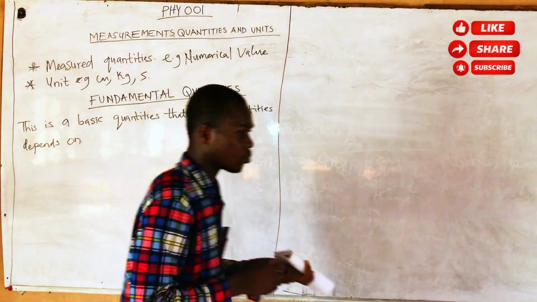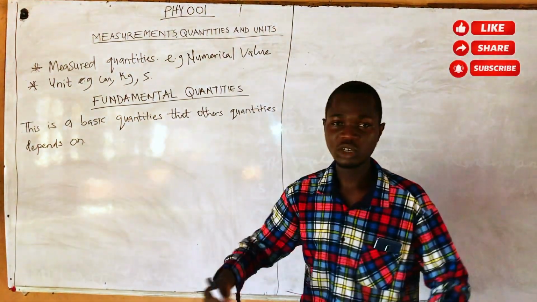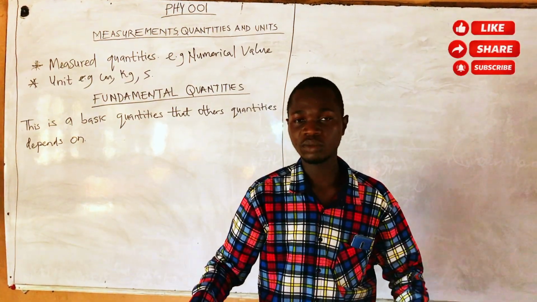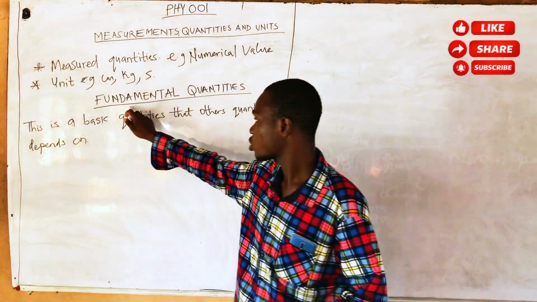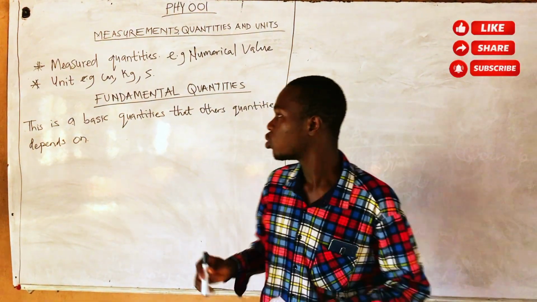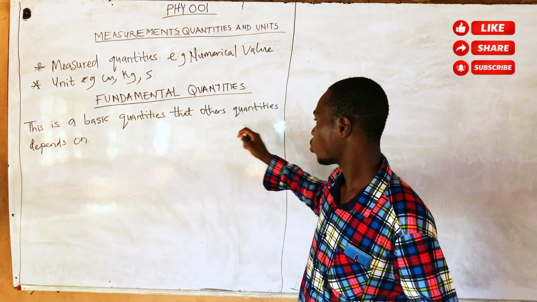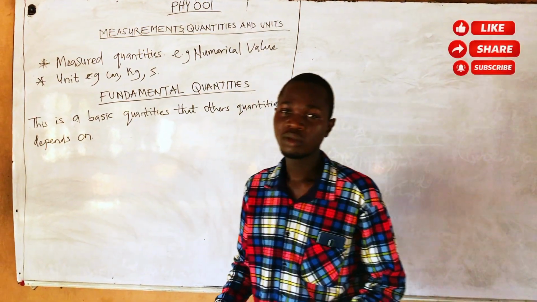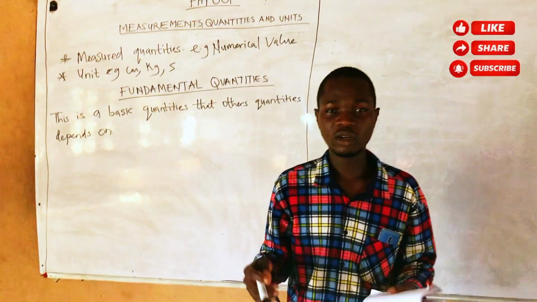This fundamental quantity, from its name, fundamental, is just like a foundation for other quantities. If there were no fundamental quantities, there would not be other quantities. So the fundamental quantity is the basic quantity that other quantities depend on. From fundamental quantities, you are able to derive other things.